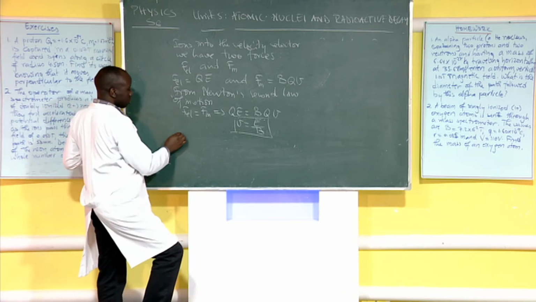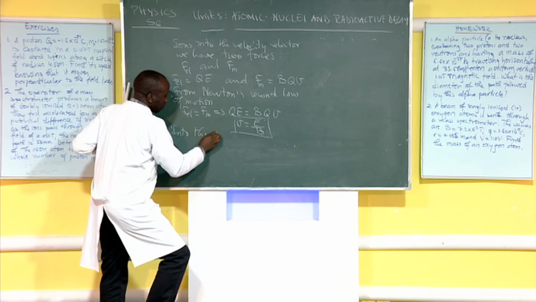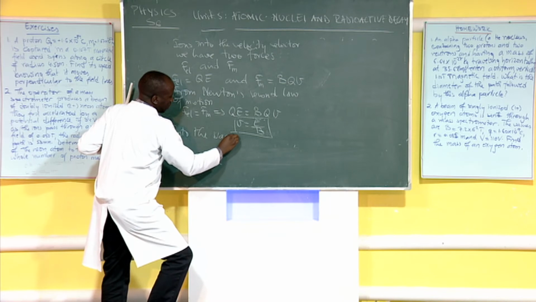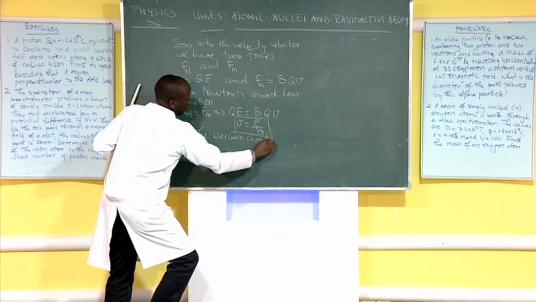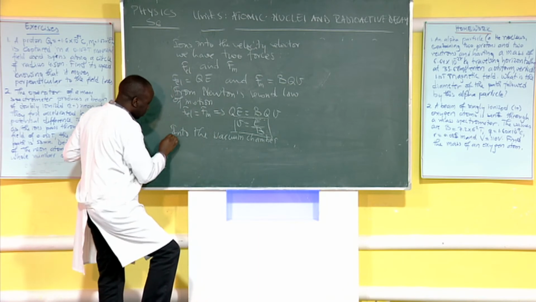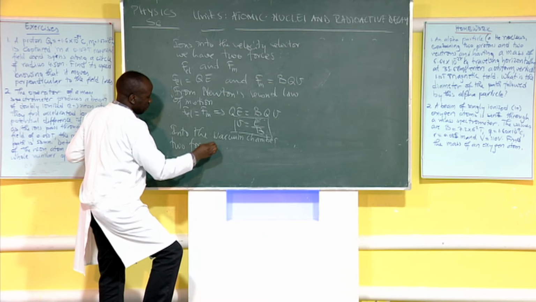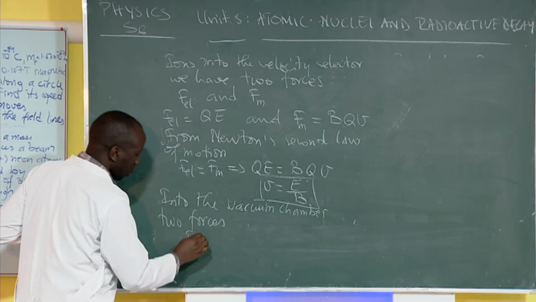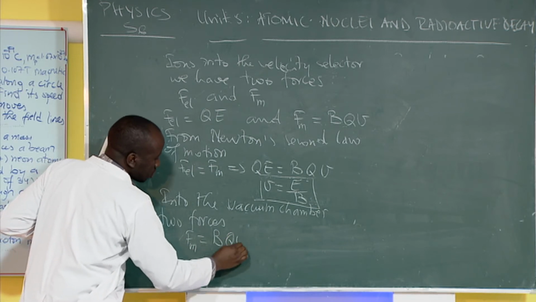So into the vacuum chamber, we have the two forces again. One is again the magnetic force as usual, which is equal to B Q v.